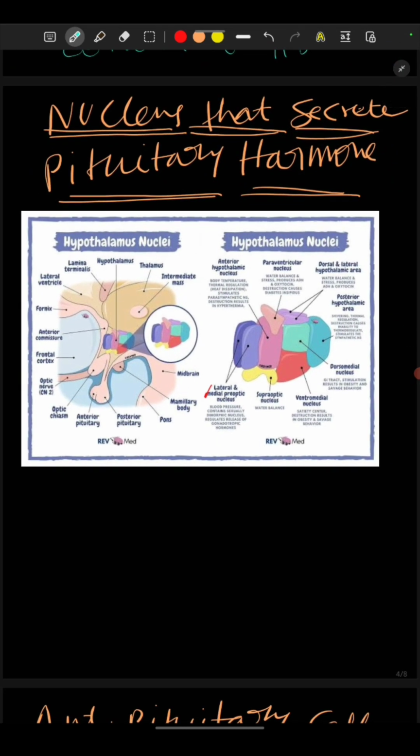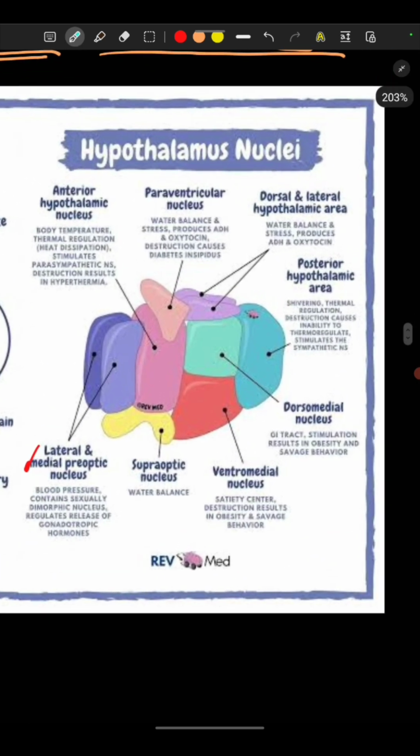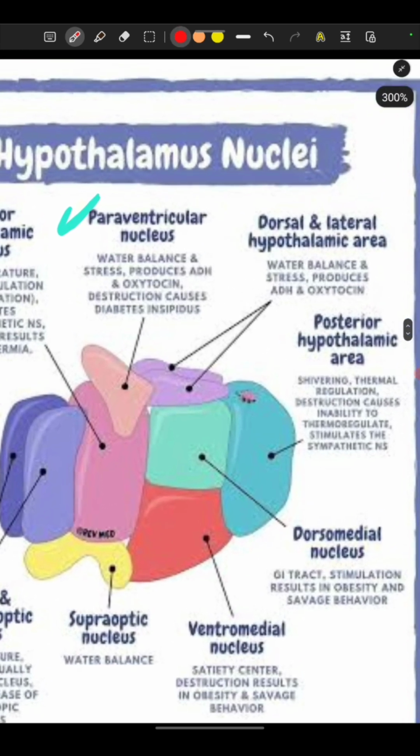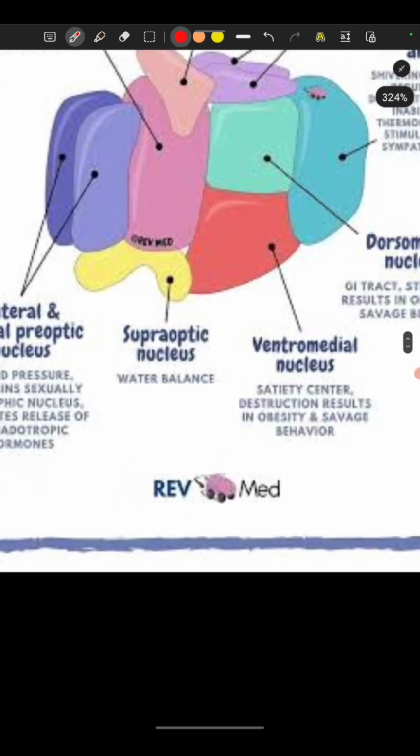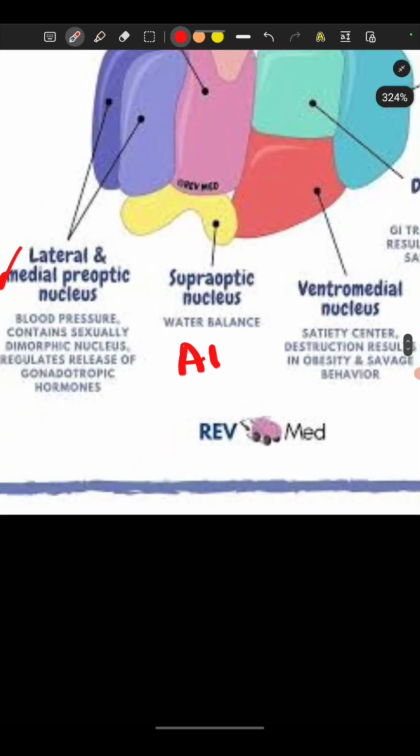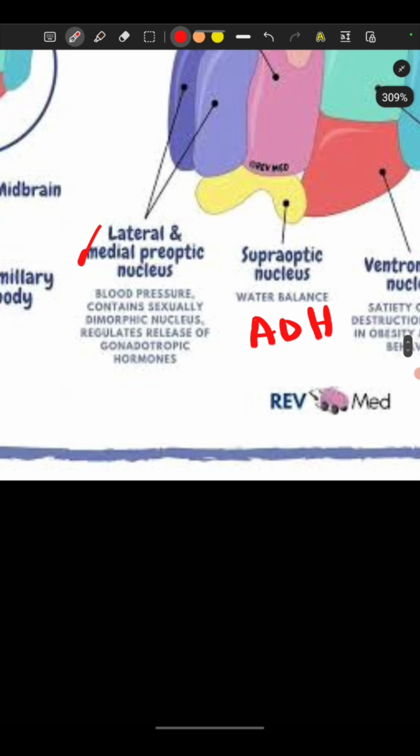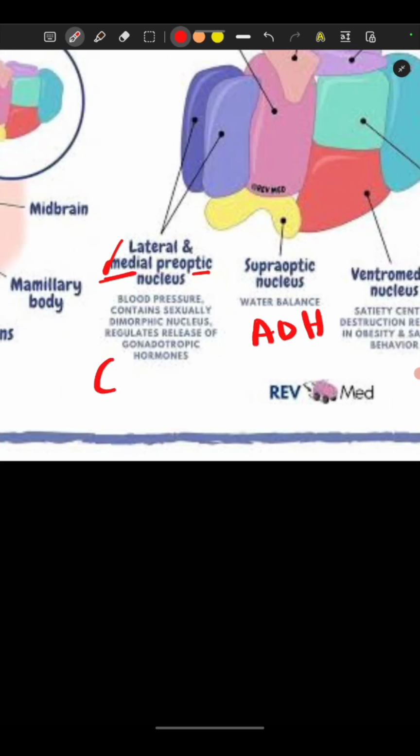These are the nuclei that secrete the pituitary hormones. Paraventricular nucleus secretes oxytocin. Supraoptic nucleus secretes antidiuretic hormone. Medial preoptic nucleus secretes a huge quantity of gonadotropin releasing hormone.